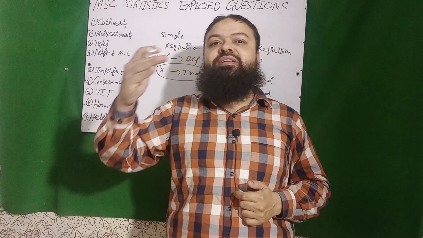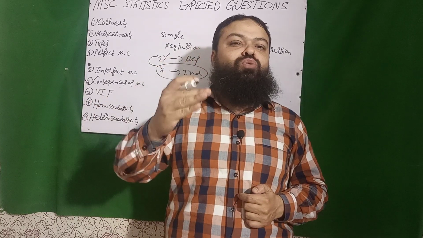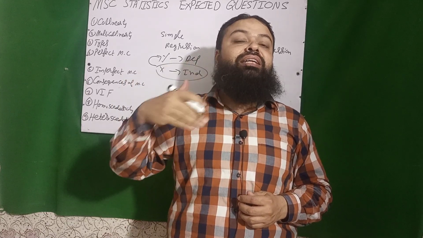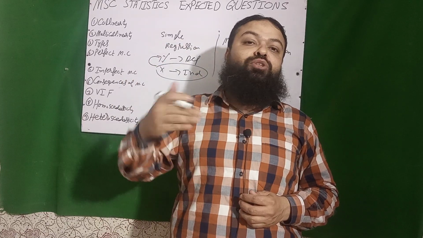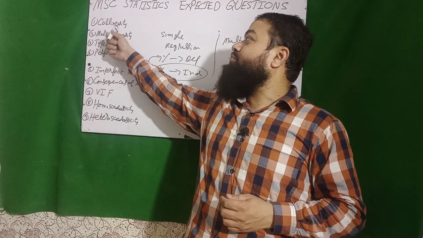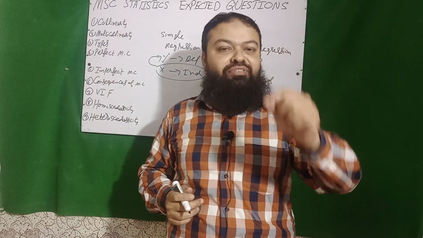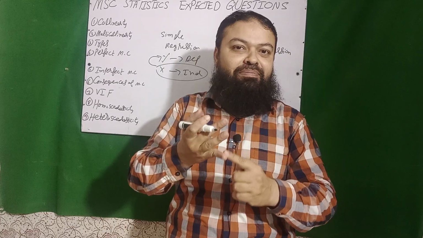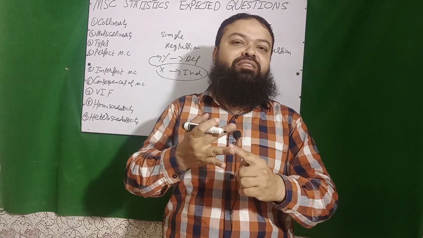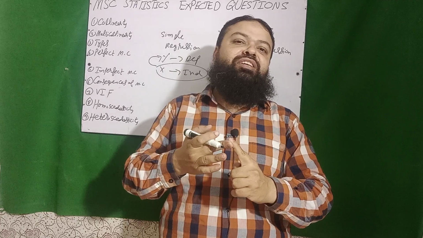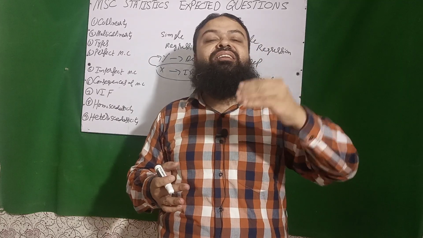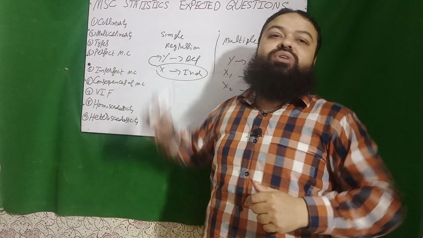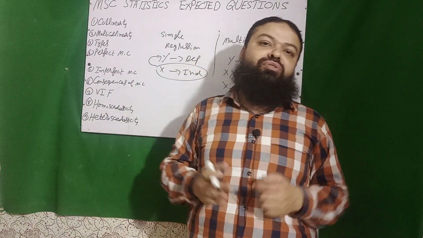When the two explanatory variables, when the two regressors, when the two independent variables are linearly related to one another, then there is collinearity. And whenever we talk about more than two independent variables, three, four, five independent variables, and they are linearly correlated with one another, then we have multicollinearity, a very important concept.